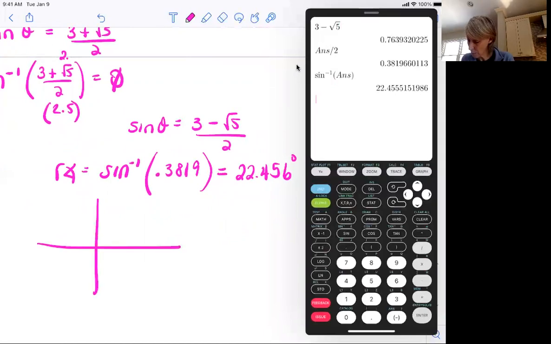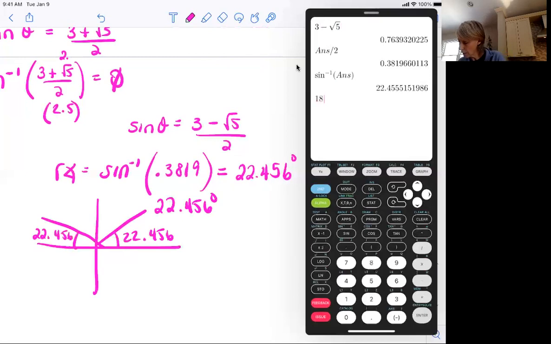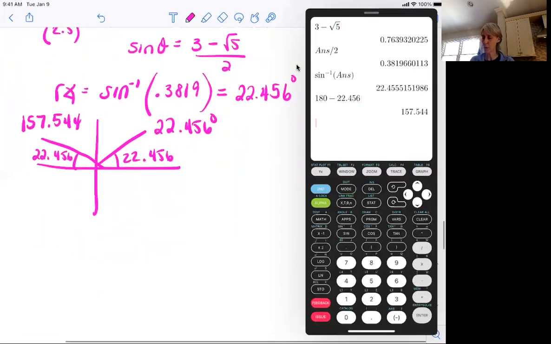My function value is positive 22.456. That's my one solution. The sine is positive in the second quadrant, so I just have to find the value of this angle. 180 minus 22.456. So this solution is 157.544.